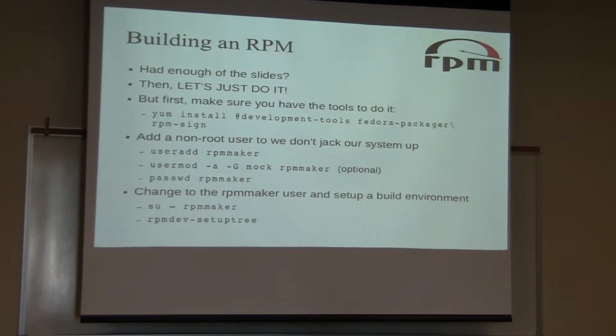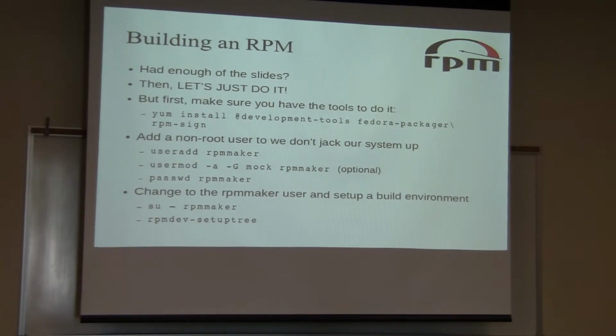All right, so the next thing we want to do is set up our build environment. We're going to switch user over to the RPM Maker account, and then we're going to run rpmdev-setuptree. What that's going to do is a couple things for us, and I'll show it to you after it's done. It's going to set up our RPM macros file, which has some instructions for our build environment itself, some settings and some system variables.